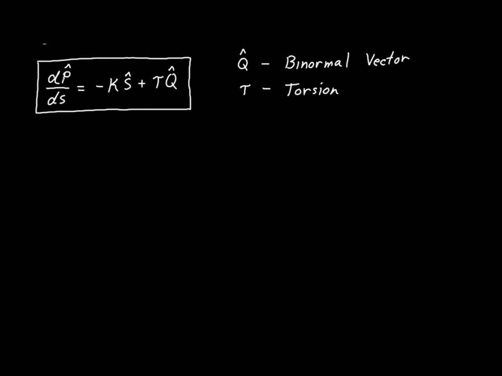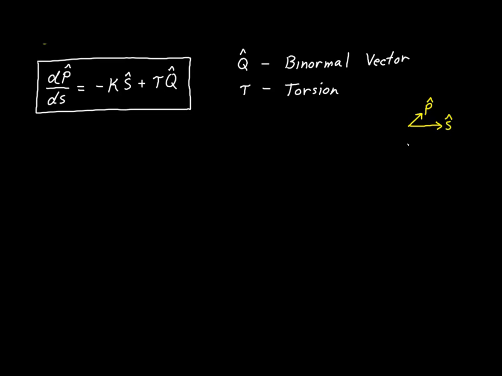Okay, so we've got these three unit vectors, and they're mutually orthogonal. So let's say that s hat is pointing to the right here, like this. This is our unit tangent vector. And then the principal normal is pointing back here like this. Okay, when we say that these vectors are all going to be mutually orthogonal, that leaves us with two possibilities. Q hat can either be orthogonal in this direction or in a downward direction like this.